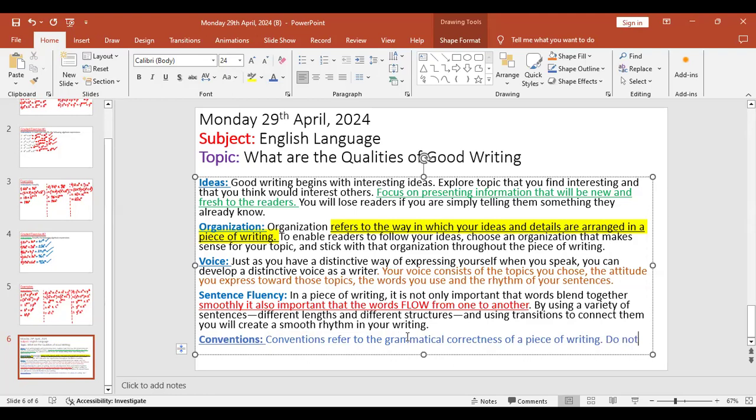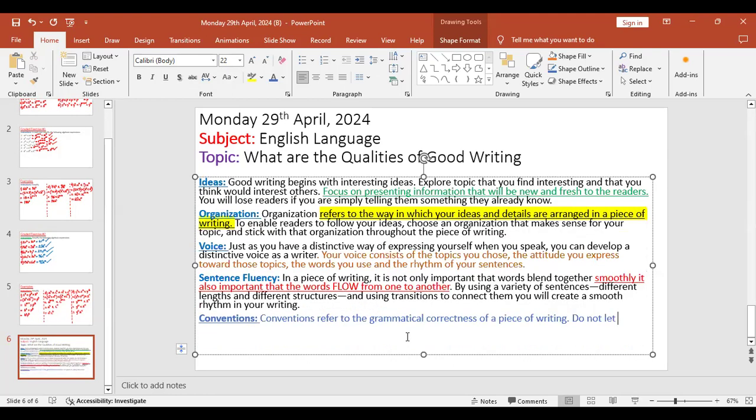Do not let errors in grammar, usage, mechanics and spelling interfere with your message.